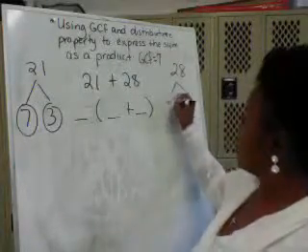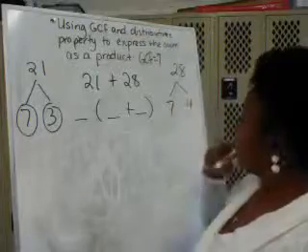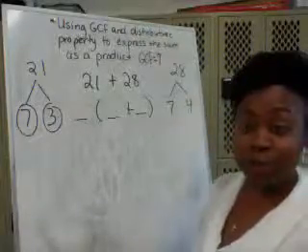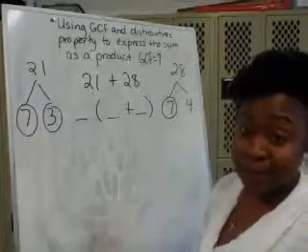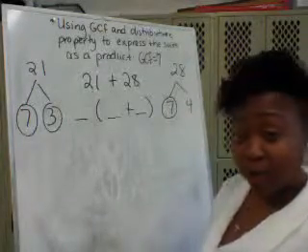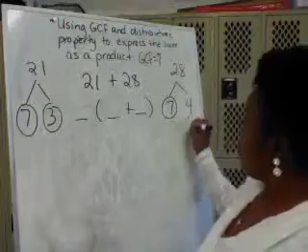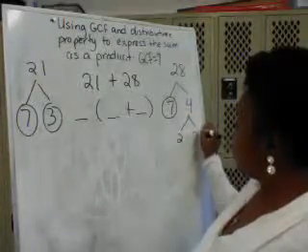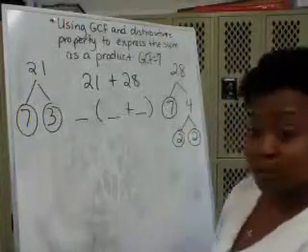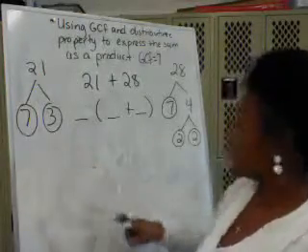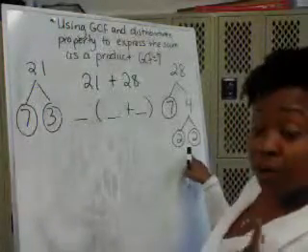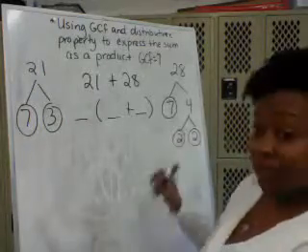I'm going to break 4 down a little bit more because 4 is a composite number. It is not a prime number. 7 is a prime number, so I can stop there. So 4 becomes 2 and 2. 2 times 2 is 4. So the prime factorization for 21 is 7 times 3. The prime factorization for 28 is 2 times 2 times 7.